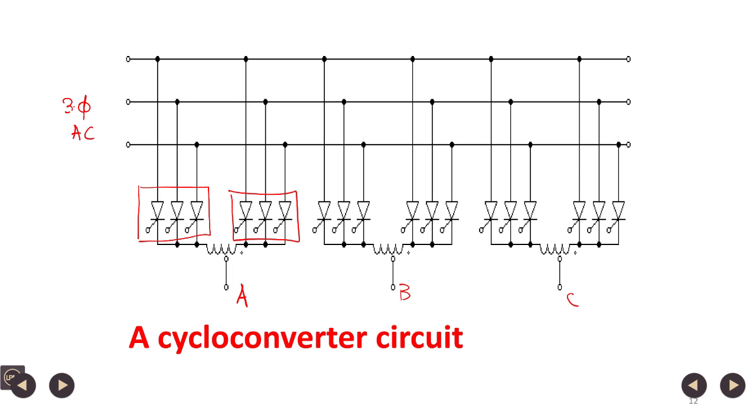To reduce the harmonic content further, these 3-phase half wave converters can be replaced by 6 pulse converters, that is, 3-phase bridge converters. So for the positive group there will be 6 switches, for the negative group 6 switches. So 12 switches will be used for each phase and for 3 phases 36 switches will be used.